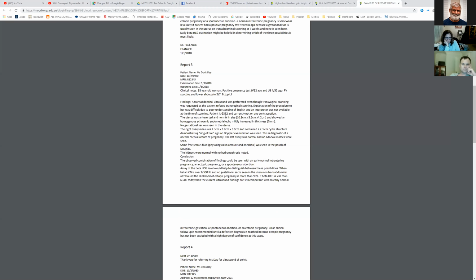And if it is less than 6,500, then the current ultrasound findings are still compatible with an early intrauterine gestation. Close clinical follow-up is recommended until a definitive diagnosis is reached, because ectopic pregnancy has not been excluded with a high degree of confidence at this stage.